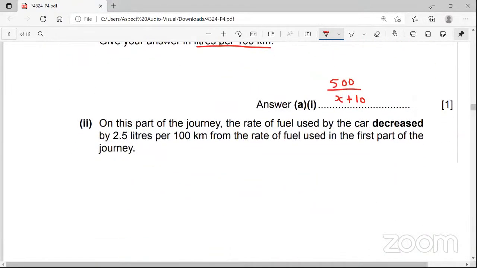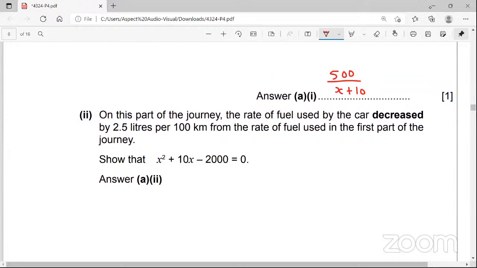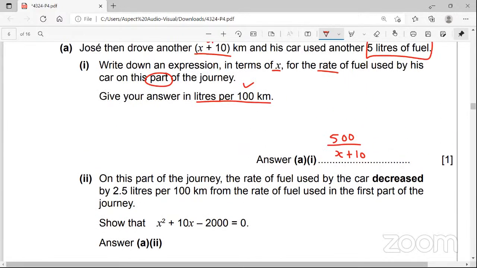Okay. Now Roman 2 says, on this part of the journey, the rate of fuel used by the car decreased. Yes. No, you don't write it. Yeah, yeah. You can put it there. 100. The 100. Thank you for that.